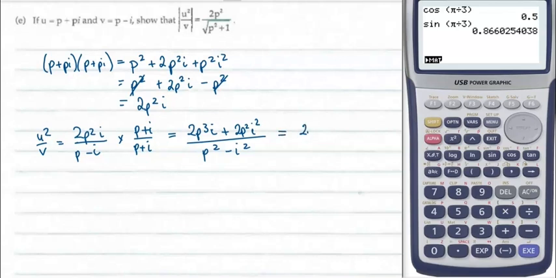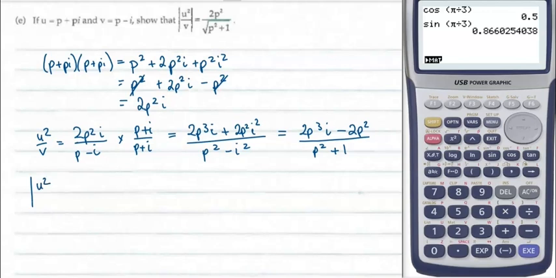So this becomes 2p cubed I minus 2p squared, because the I squared turns into a minus 1. And p squared minus I squared will be p squared minus negative 1, so that's p squared plus 1.